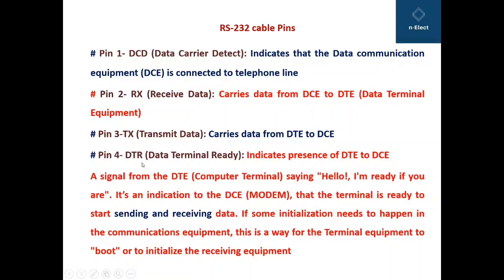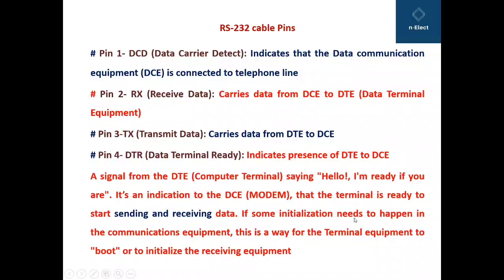Pin 4 is the DTR pin, data terminal ready. It indicates the presence of the DTE to the DCE, a signal from the computer terminal saying, hello, I am ready if you are. It tells the modem that the terminal is ready to start sending and receiving data.